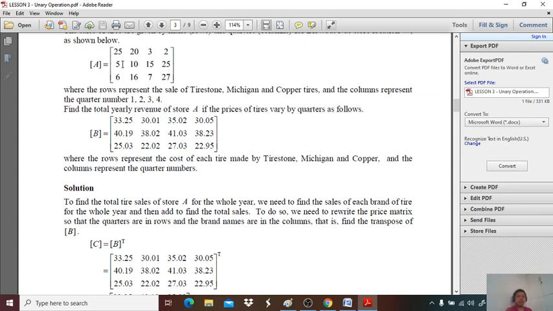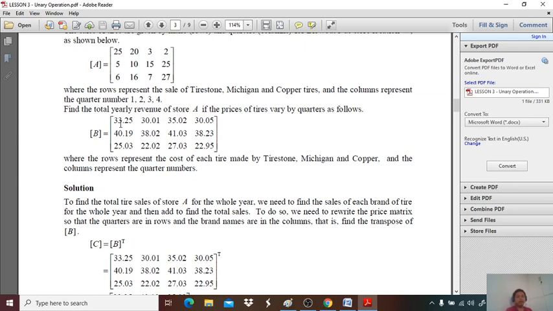Since this is a 3 by 4, we cannot multiply A and B because they are the same size.